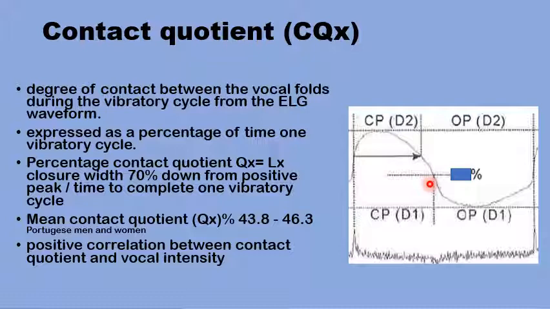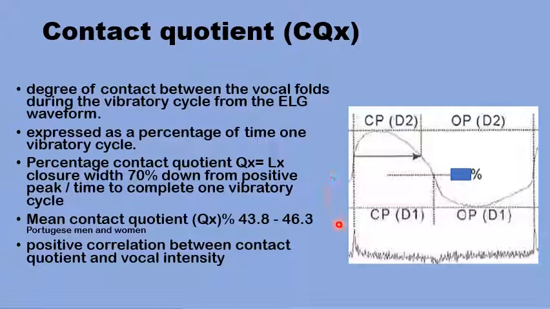This can be measured by having a line at 70% from the maximum closure or 30% from the minimum closure, and at this point in time you can drop a line here to measure the time. In here, this time in relation to the whole cycle will give the contact quotient.